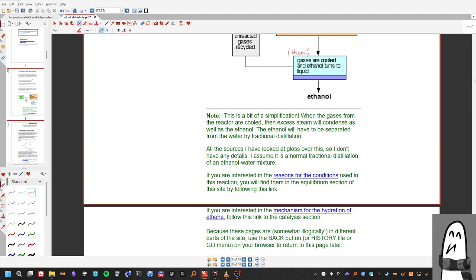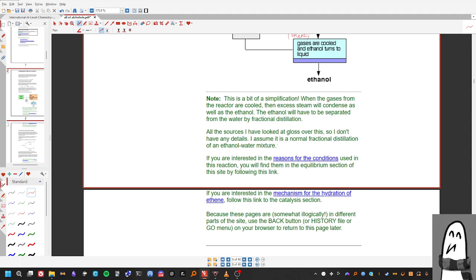Simplification: when the gases from the reactor are cooled, the excess steam will condense, as well as the ethanol. The ethanol will have to be separated from the water by fractional distillation. This is not the same thing as the other kind of distillation, I'm pretty sure, but perhaps I'm wrong. All the sources I've looked at gloss over this, so I don't have any details.